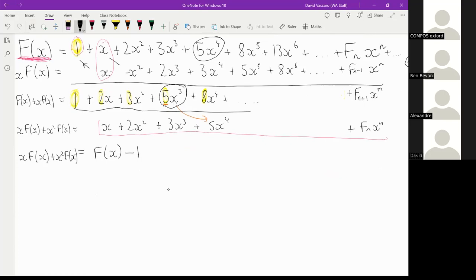Okay, so now with a little bit of rearranging, I get f of x minus x f of x minus x squared f of x. That's equal to 1. And so f of x is 1 over 1 minus x minus x squared.